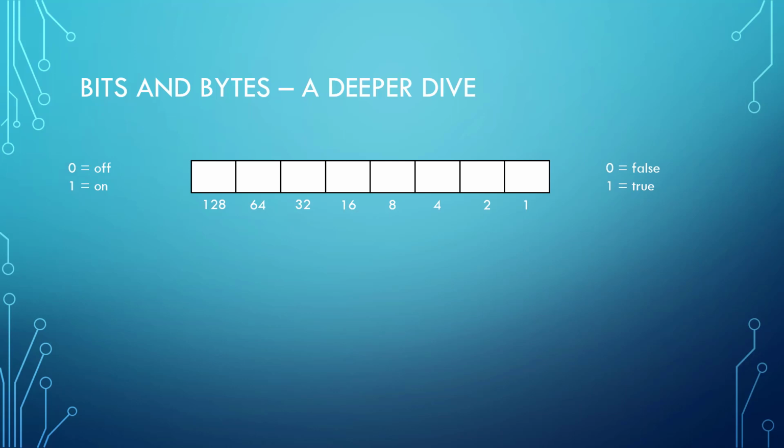But if we were to turn that to a 1, then it would be true. That would be like turning the switch on. And so if we put a 1 binary value in one of these bits, then it would actually turn on that decimal value. This is confusing, I know. Let's dig in a little deeper.